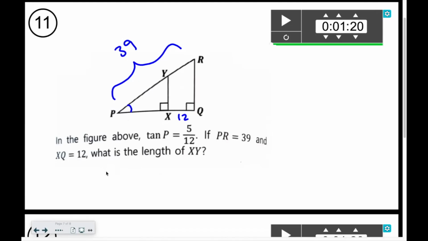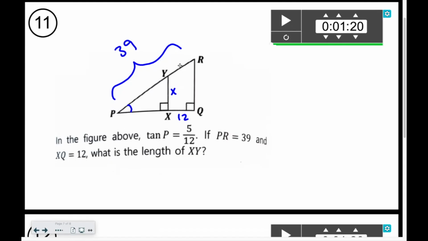I'm just thinking here. I have a way of doing it, I just don't know if it's the fastest, so I'm trying to think if there's any kind of shortcut. All right, we're looking for the length of XY, so I'll call that X. The problem is I'm trying to just use this, but I can't, because the tangent of it is 5 over 12, but I don't know either one, so I won't really know the ratio.